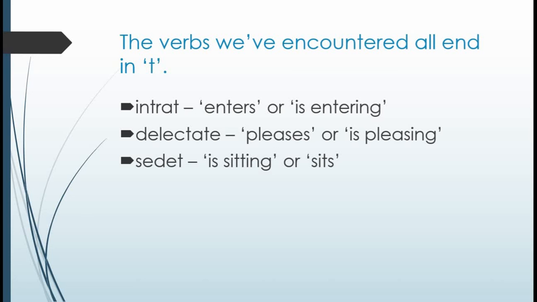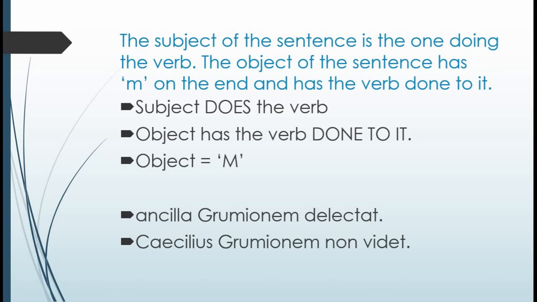You will never be marked down for translating verbs that end in just a T in any other way than is sitting or sits. So, the subject of the sentence is the one doing the verb. The object of the sentence has M on the end and has the verb done to it.